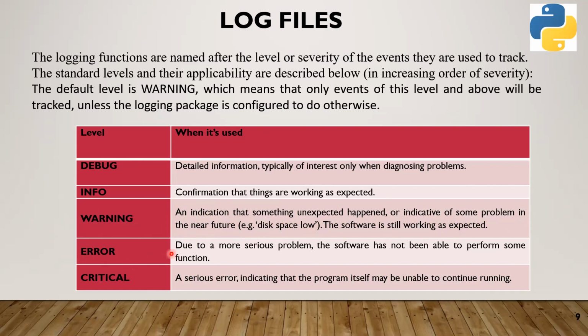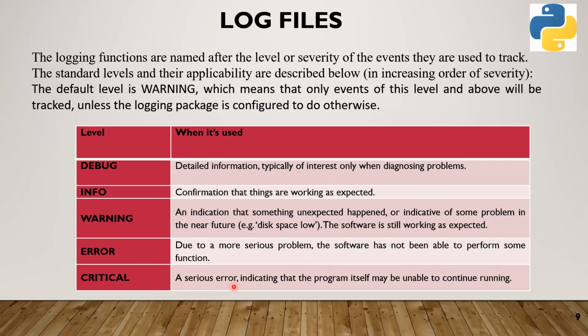What about the error then? It is used when, due to a more serious problem, the software has not been able to perform some functions. So that time the error has occurred. Let's say the process of your software absolutely stops. That time you get an error. Now, what about the critical one?